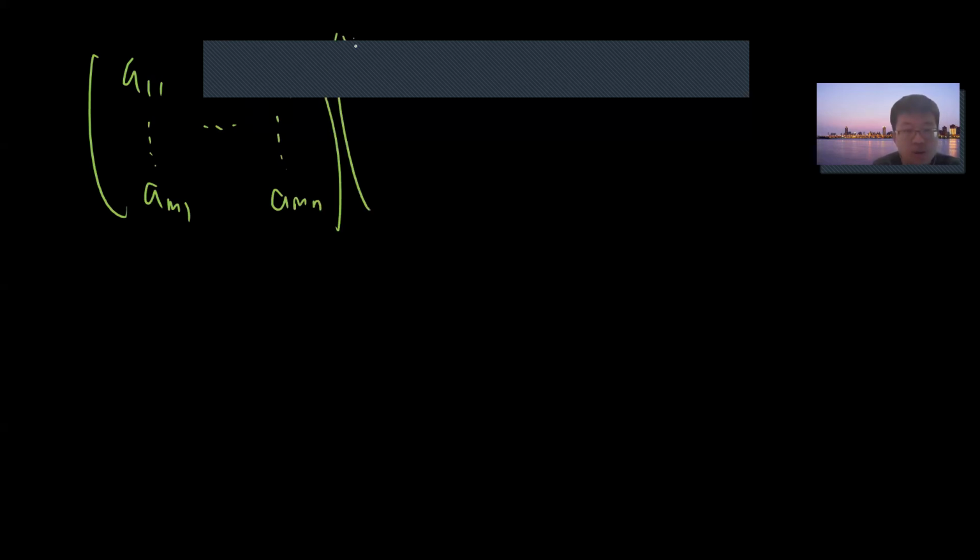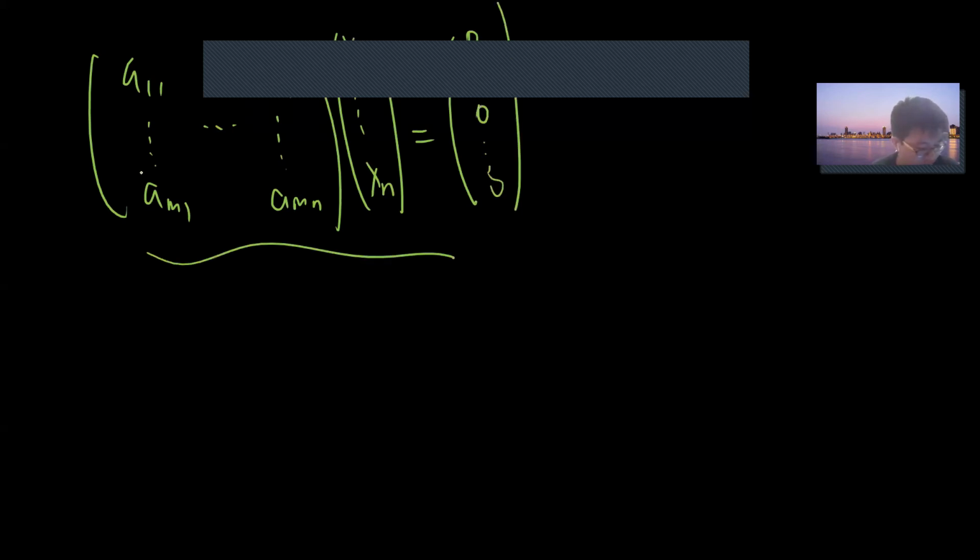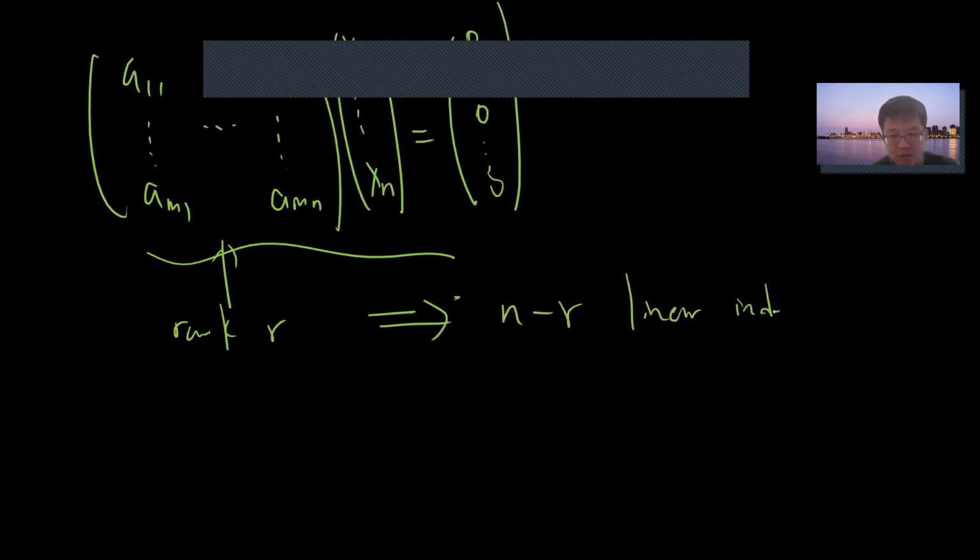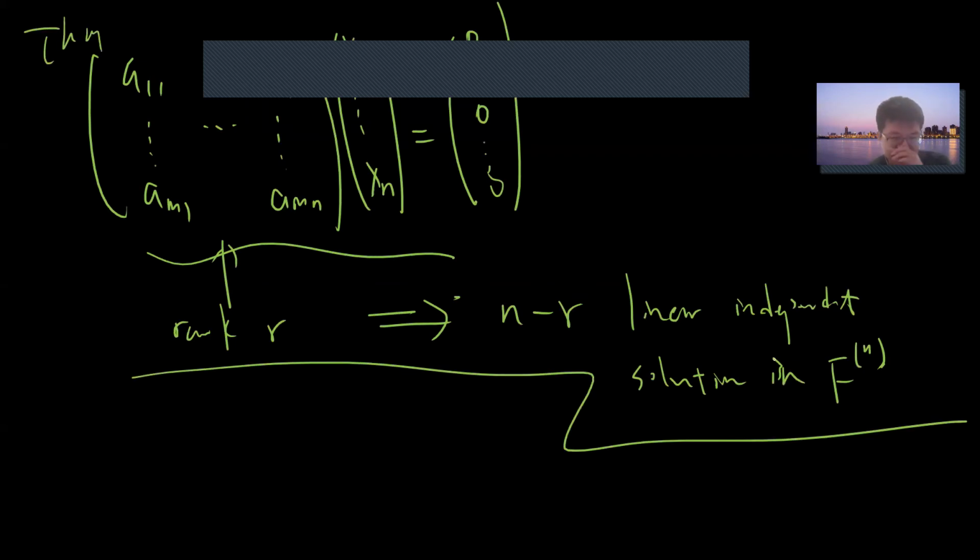It says that if you get a linear system, such as a11 x1 up to a1n xn is 0, and so on, and the coefficient matrix has rank R, then the fact is that there are n minus R linear independent solutions in Fn. So this is a theorem.